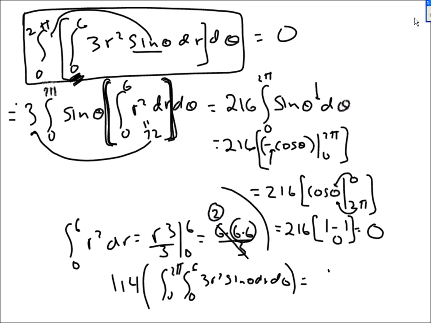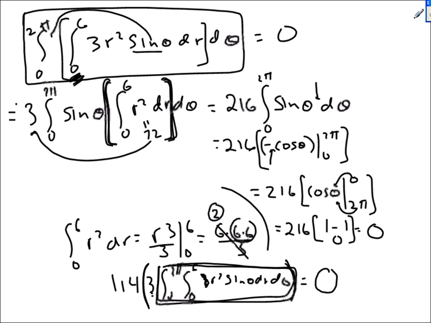I would hope you would say 0. In fact, even if this 3 wasn't there, you should say 0. Because this 3 comes out in front anyways. And if what's in the bracket is 0, remember, what's in the bracket is 3 times this. And if 3 times this is 0, it's not the 3 that equals 0, it's the this that equals 0. 114 times 3 times 0 is 0.